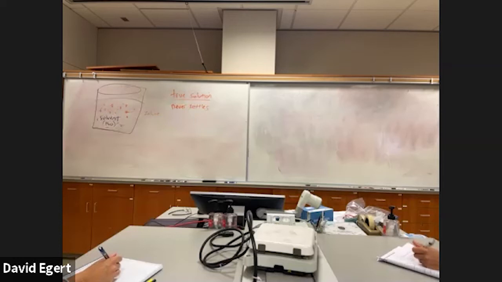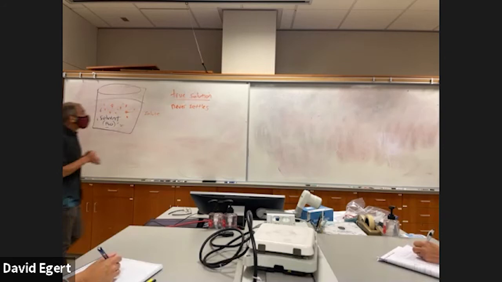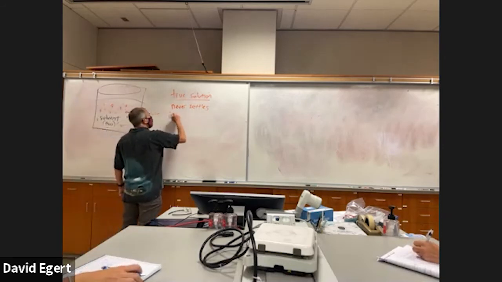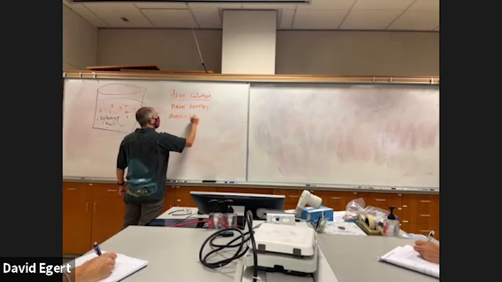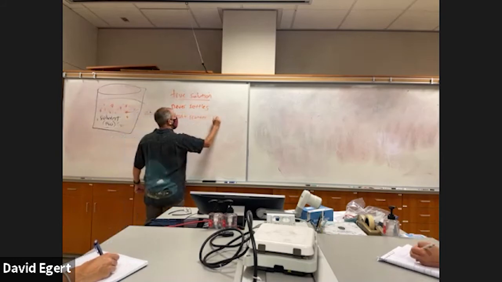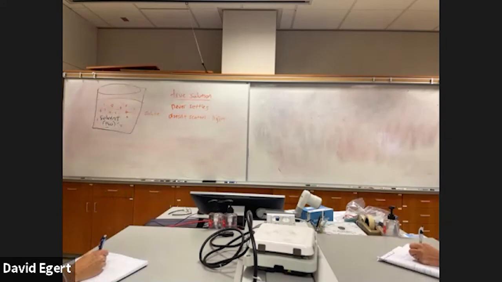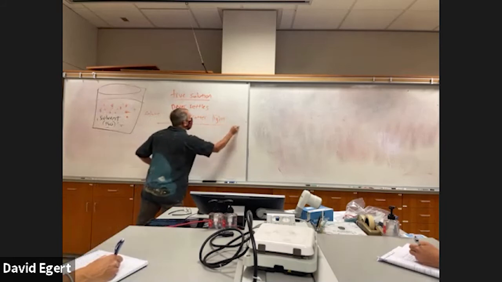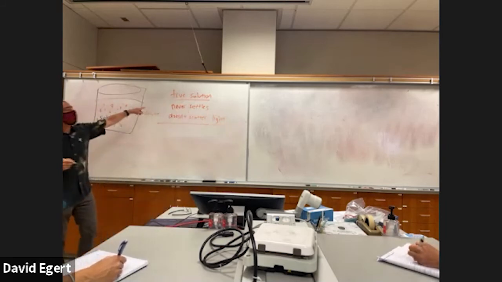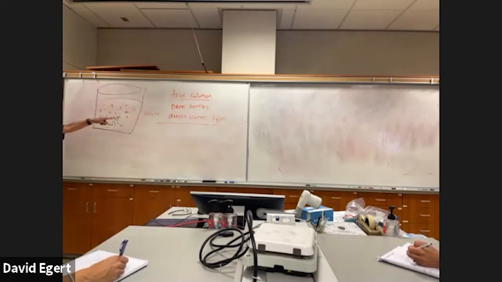You don't have the sugar just end up at the bottom of the glass. It doesn't scatter light. That means that when you look through it, it looks kind of like glass. It might have a color even, but it doesn't look milky or anything. So true solutions. Most of the stuff we're going to see is going to be this.